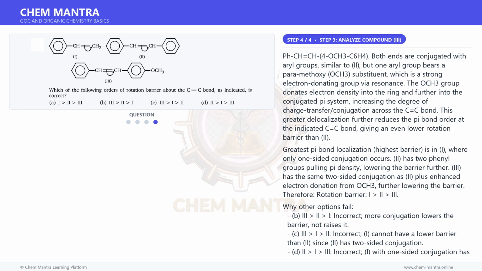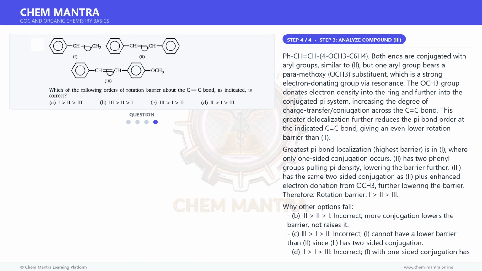And for the final step, PhCH=CH(4-OCH3-C6H4). Both ends are conjugated with aryl groups, similar to 2, but one aryl group bears a para-methoxy, OCH3, substituent, which is a strong electron-donating group via resonance.